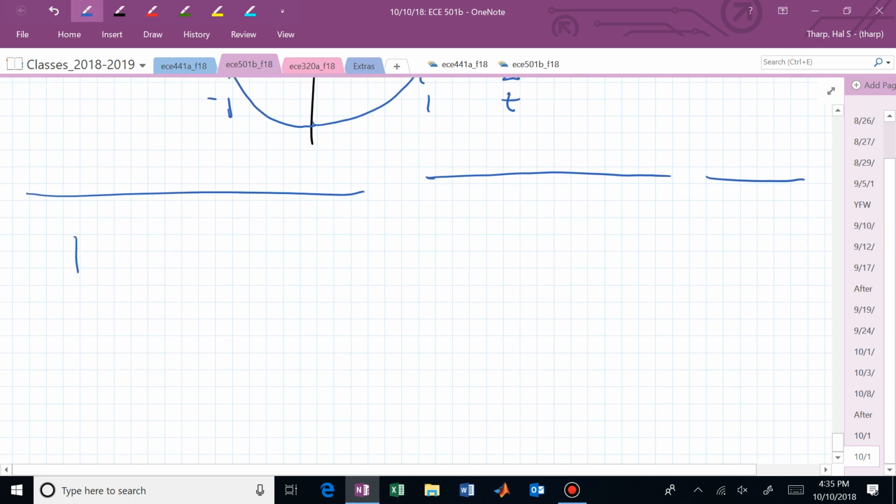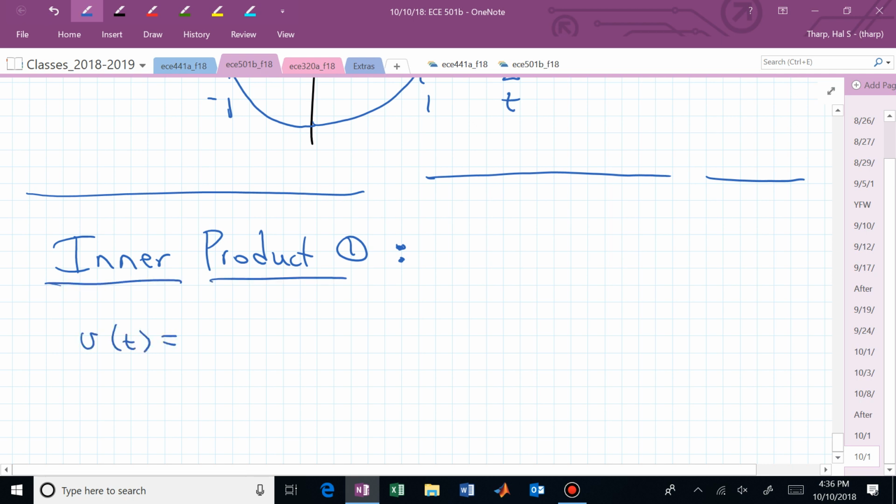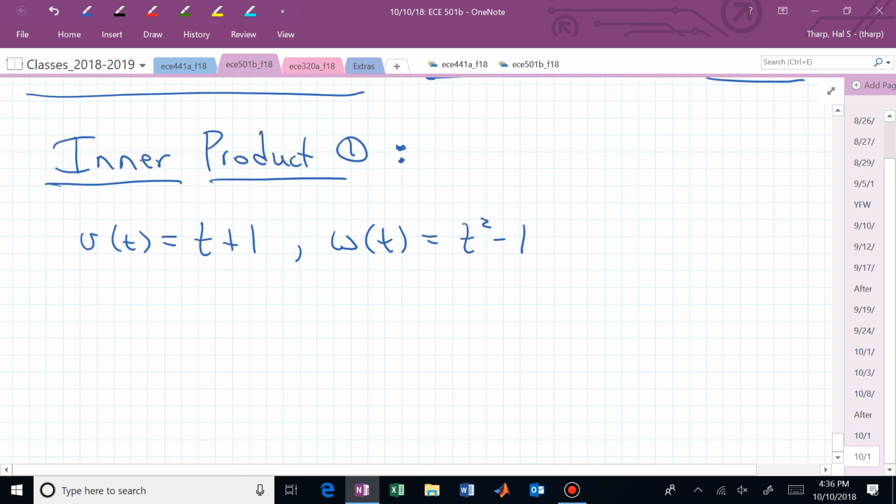Let's look now at inner product 1 applied to these vectors. Again, we had v of t equaling t plus 1 and w of t equaling t squared minus 1.